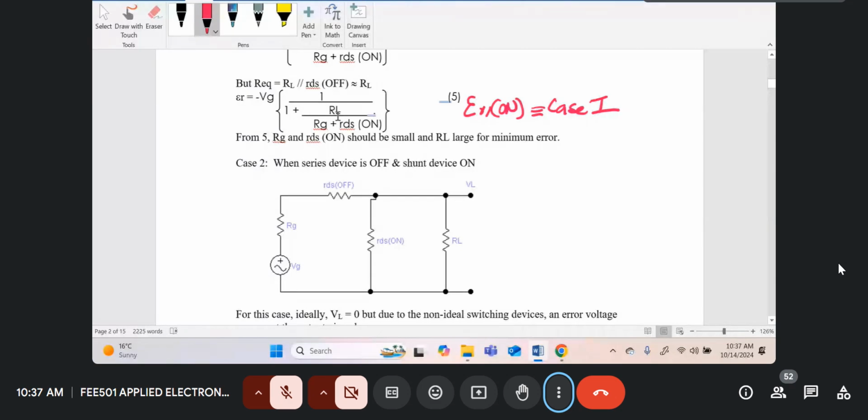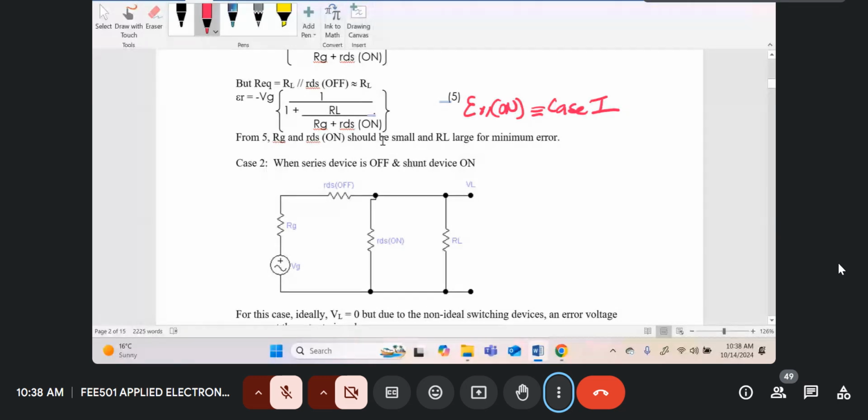So RG and RDS on must be small. If you are given a specific transducer, then RG cannot be changed. So all that remains is that the switching device, the RDS on, should be small and RL should be large if you want to minimize this on-state error.